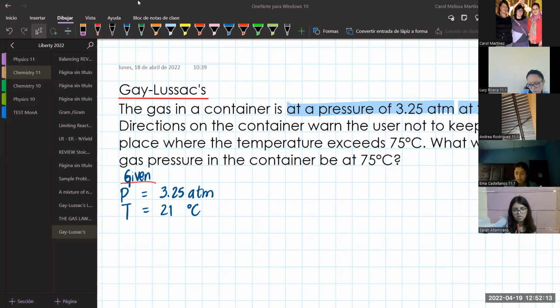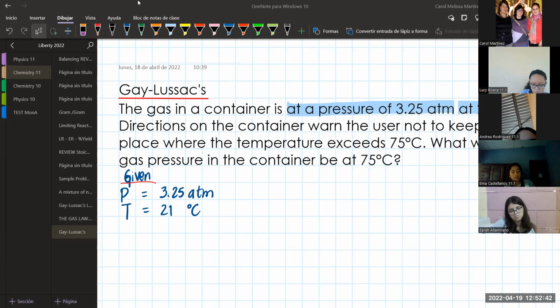Because the gas is stored in a container. Then they are telling you that there are storage directions on the container. They are warning the user to please not keep this gas at a higher temperature than 75. So 75 is the maximum temperature that can be reached.